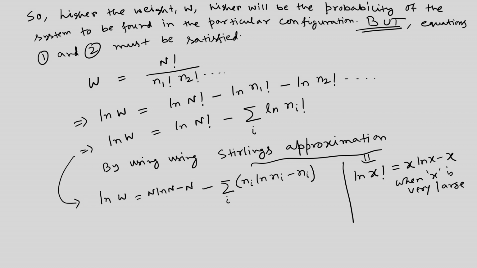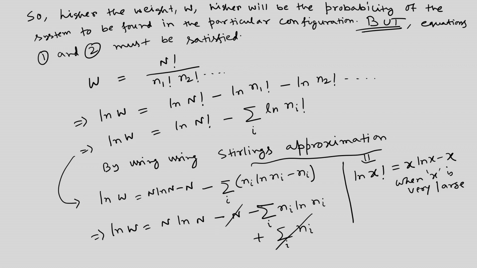So, the first term gives us N ln N minus N, and the second term gives us n_i ln n_i minus n_i. So, we get ln W is N ln N minus sum over i n_i ln n_i plus sum over i n_i.